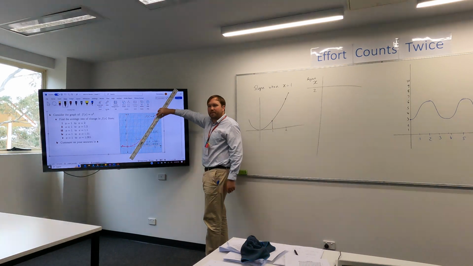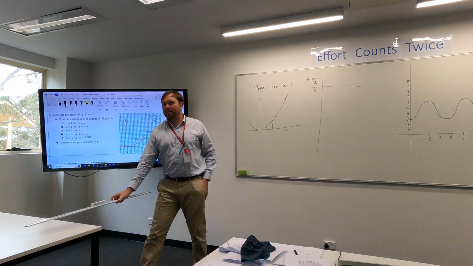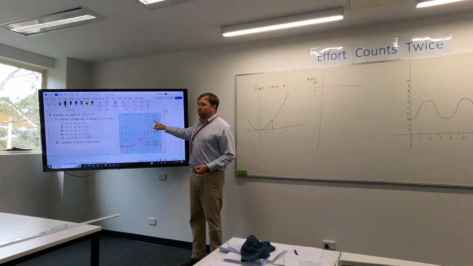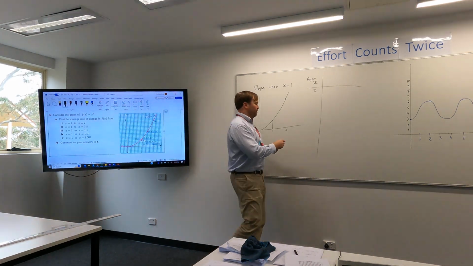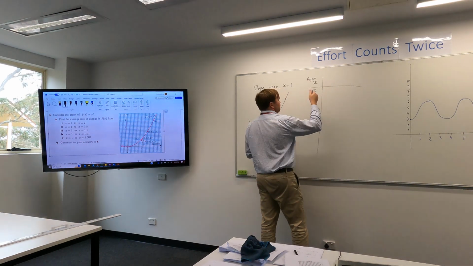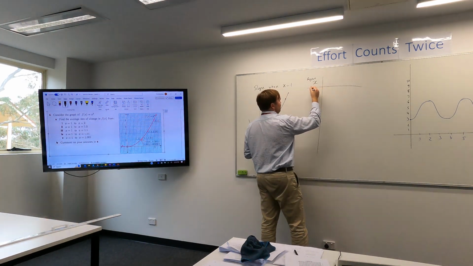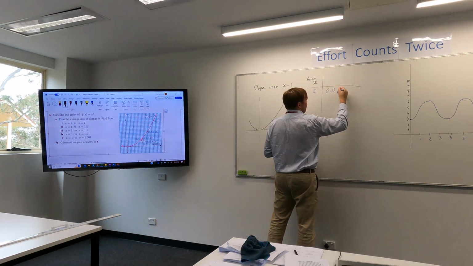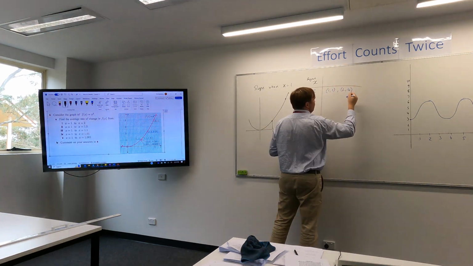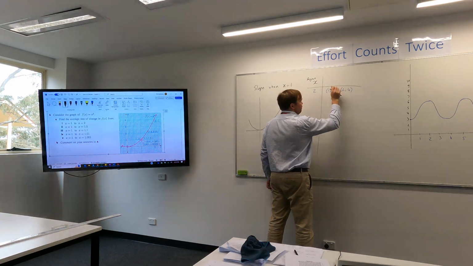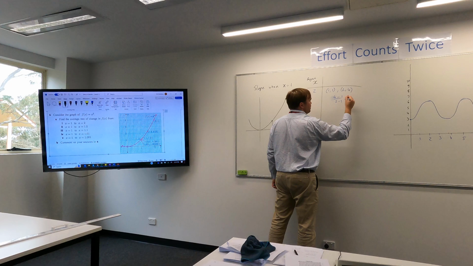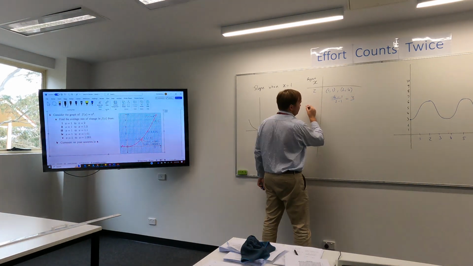It's not perfect, but it's a good place to start. So we're going to find the slope between these 2 points, 1, 1 and 2, 4. The slope will be 4 minus 1, rise over run, 4 minus 1 over 2 minus 1 is 3.